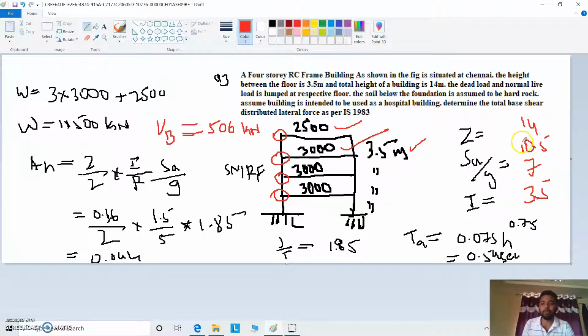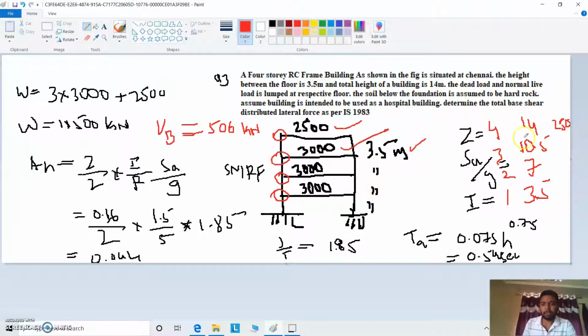Likewise we have to consider the floor heights, and here the floor levels are 4, 3, 2, 1, right? And the load on each floor is 2500 for the roof, and for floors 3 to 1 we have 3000 kilonewton of total floor loads.